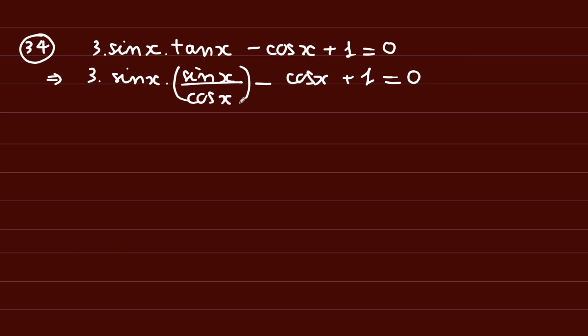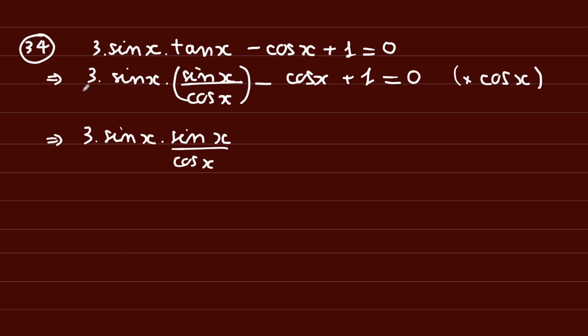You have a rational term, and I want to cancel it by multiplying all terms of this equation with cos x like here. So after simplifying and multiplying with cos x, you get this one.